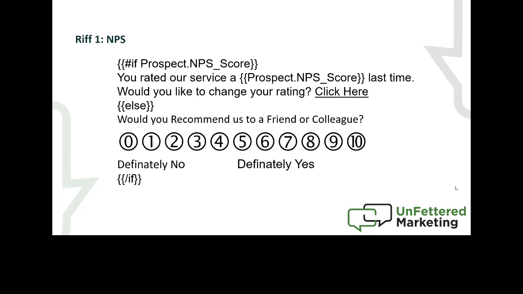Or if they don't have a score at all, you can ask, would you recommend us to a friend or colleague, the classic NPS question. Each one of these numbers in a circle is a custom redirect. So every single one of these is going to a different custom redirect, and the action of the custom redirect is set the NPS score to 3, or set it to 7, or set it to 10.